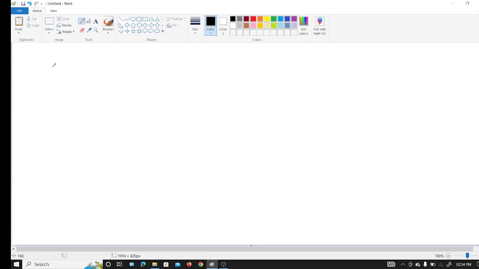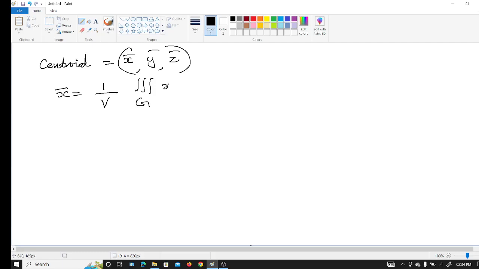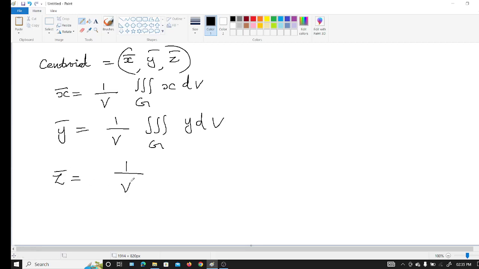Here x bar equals 1 by V times the triple integral over G of x dV, y bar equals 1 by V times the triple integral over G of y dV, and z bar equals 1 by V times the triple integral over G of z dV.